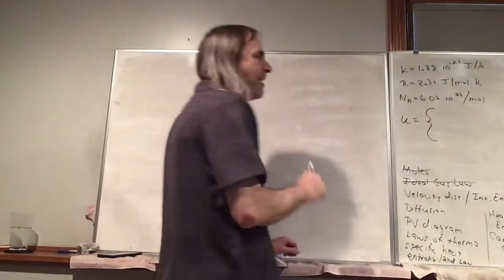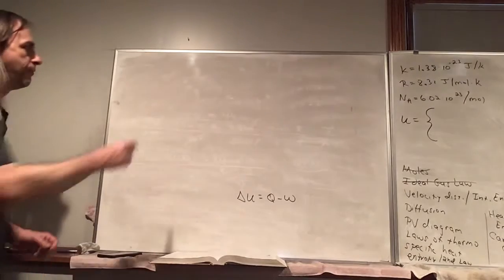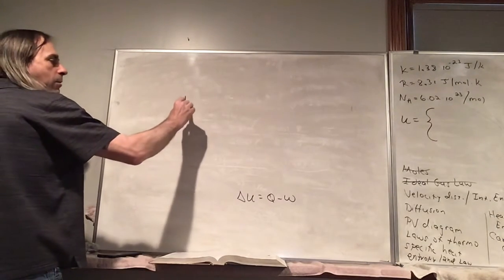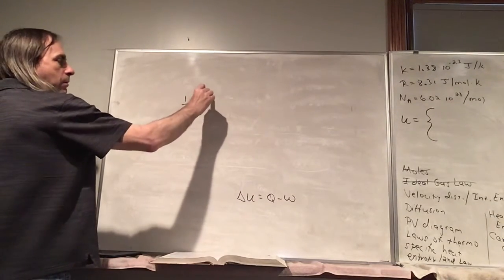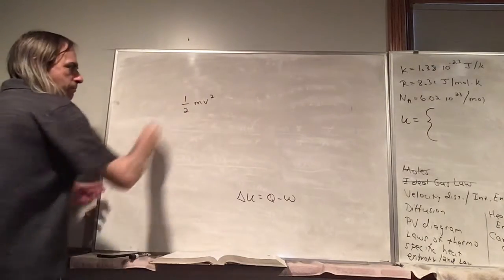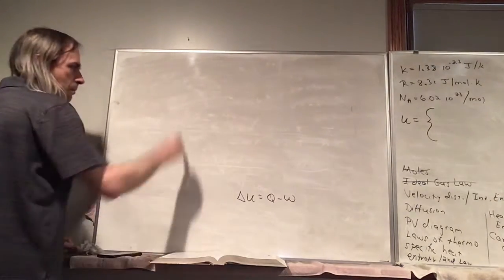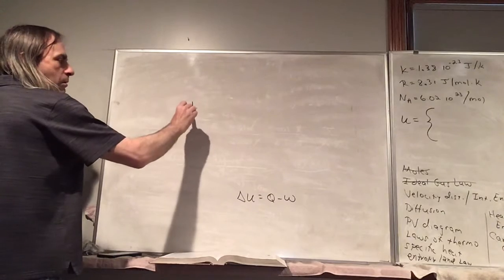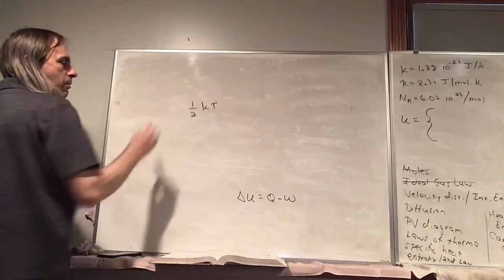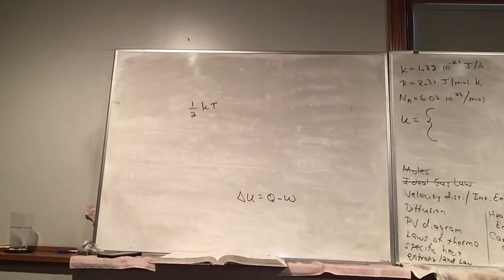So the kinetic energy of a single molecule would be 1/2, or let me write down this general result. The energy, for any type of motion it has, is 1/2 kT for a single molecule.